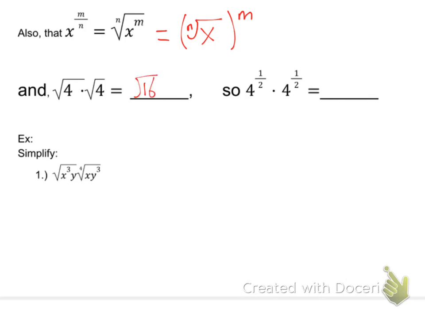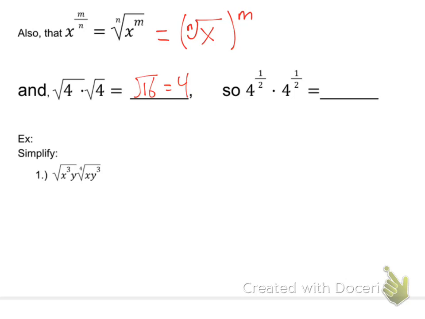But wait a minute, what's the square root of 16? 4. So remember, if you multiply a square root to itself, you basically are canceling the square root, leaving you with whatever's inside that was multiplied to itself. A square root actually means what times itself is 4. Well, in this case, that's 2 and 2, so 2 times 2 is 4. Multiple ways to get this answer.